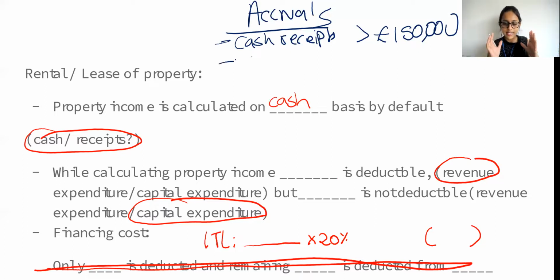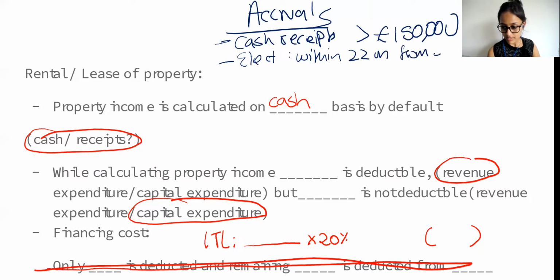In some cases, we can elect to use the accruals basis. If you're doing that, we should do it within 22 months from the end of the tax year.